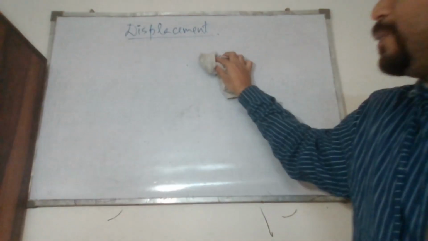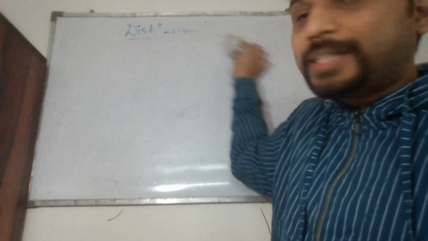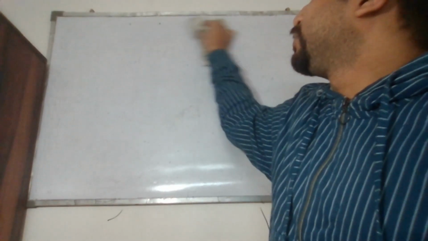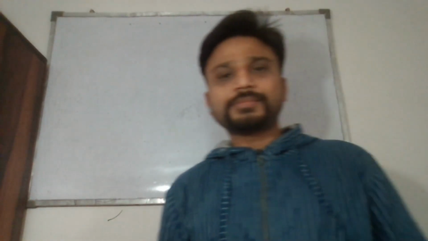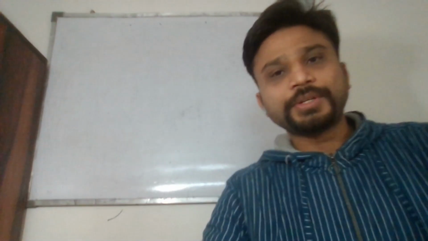Like in the case of raindrops, when the raindrops are falling on Earth, what would be the displacement of the raindrop? Displacement of the raindrop would be some 500 meters. Let's say the cloud was half a kilometer above Earth's surface. So it has traveled 500 meters in, let's say, 25 seconds. So what is the average speed? 500 meters upon 25 seconds, or average velocity 500 meters divided by 25 seconds.